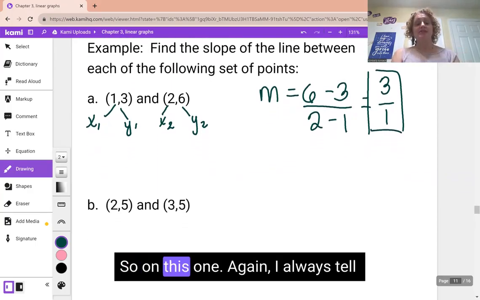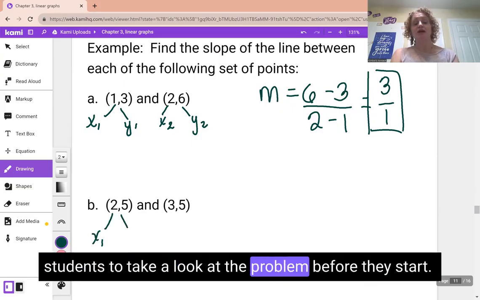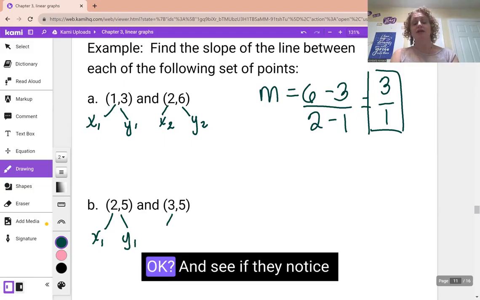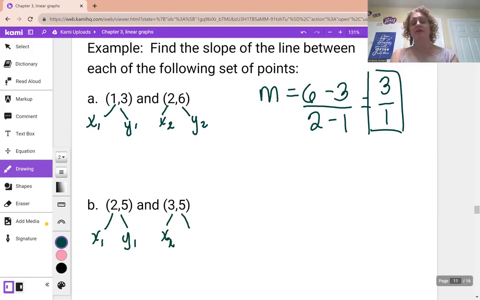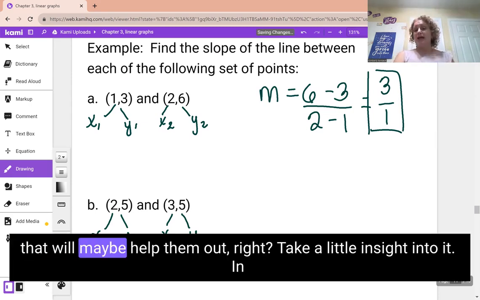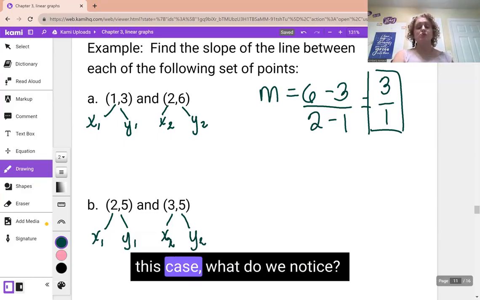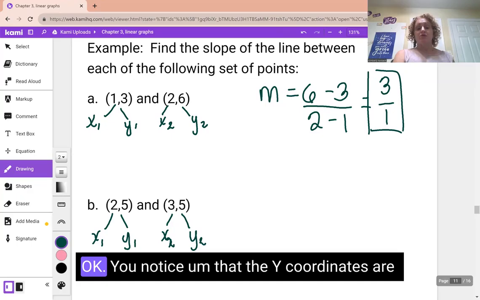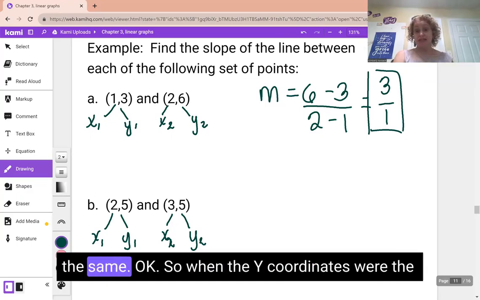On this one, again, I always tell students to take a look at the problem before they start, and see if they notice anything about the problem that will maybe help them out. Take a little insight into it. In this case, what do we notice? You notice that the y coordinates are the same.